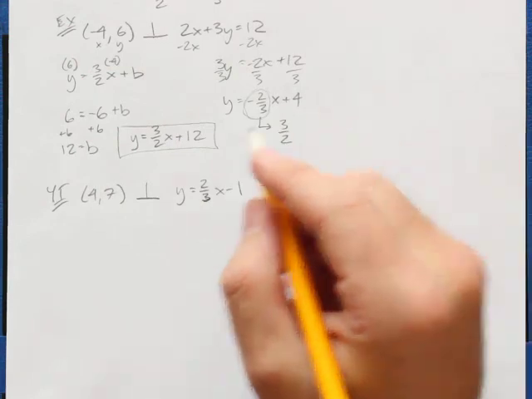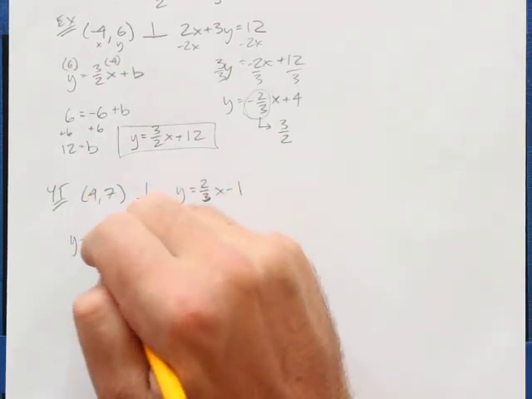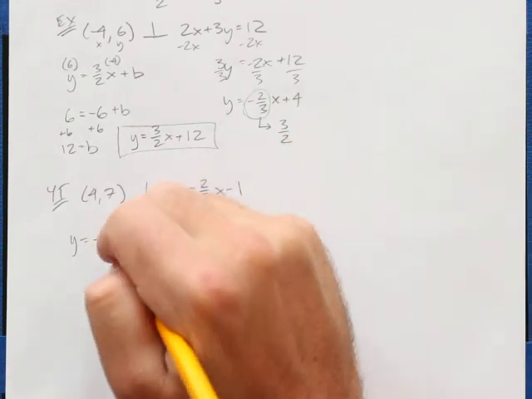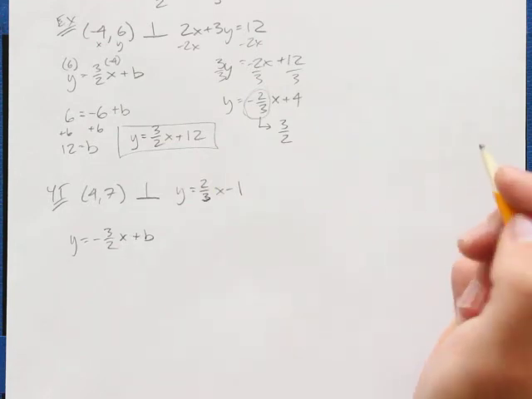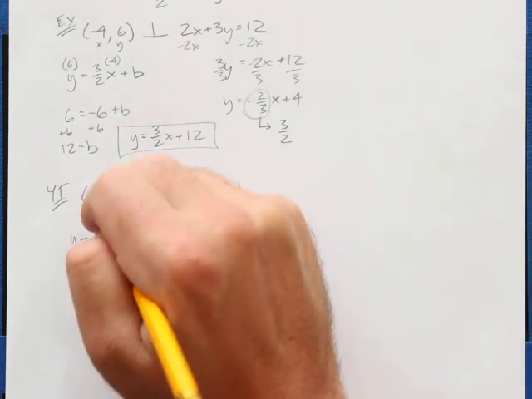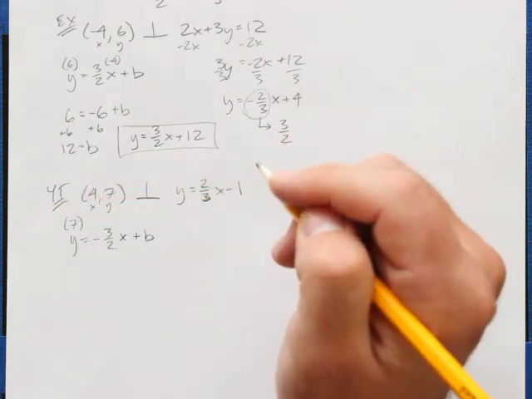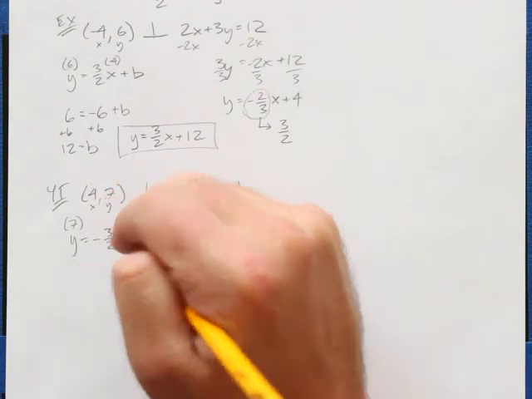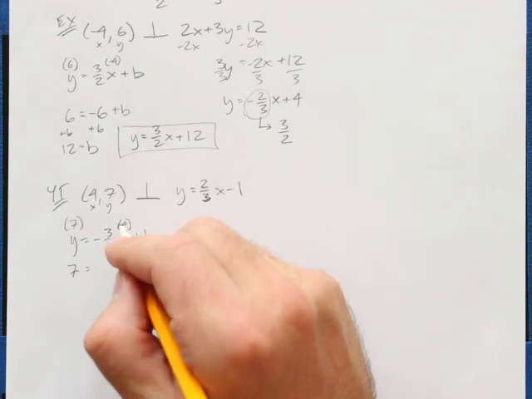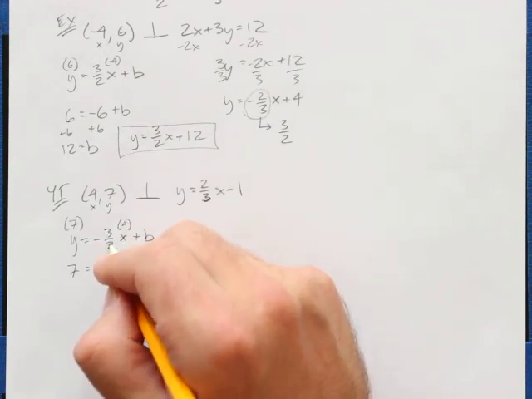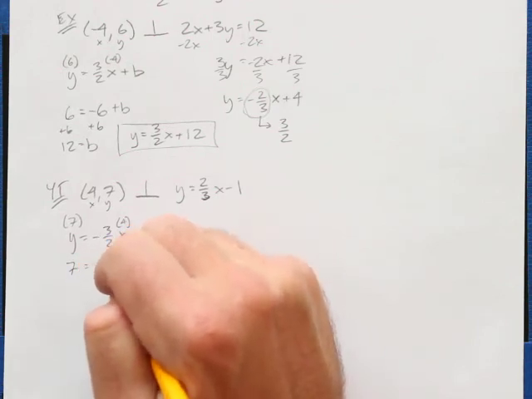Okay, let's see how you did. All right, y equals, my opposite reciprocal of this is -3/2 times x plus my y-intercept. 4 is x, 7 is y, so I'm going to plug 7 in for y, and I'm going to plug 4 in for x. Now I've got 7 equals, okay, 4 times 3 is 12, 12 divided by 2 is 6, and I've got a negative here, so -6 plus b.